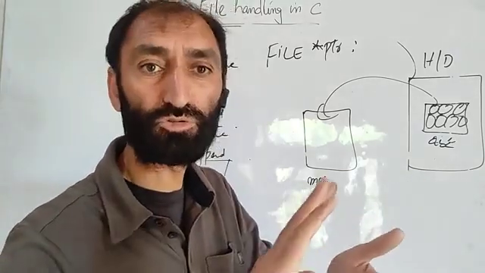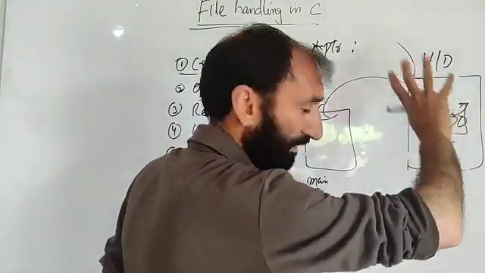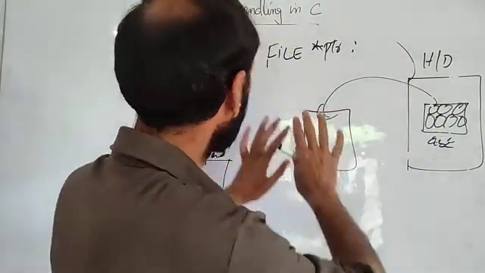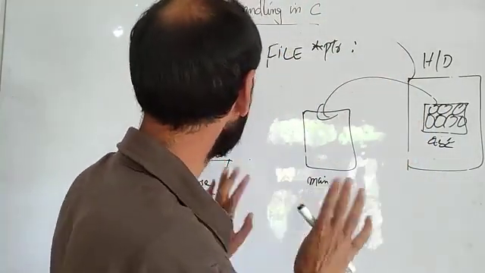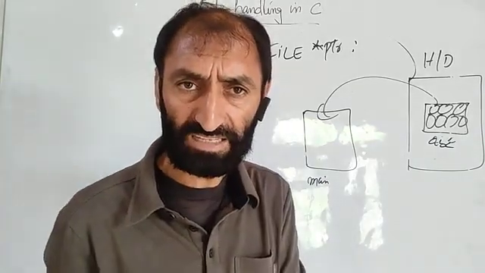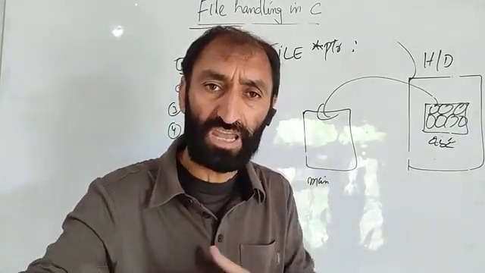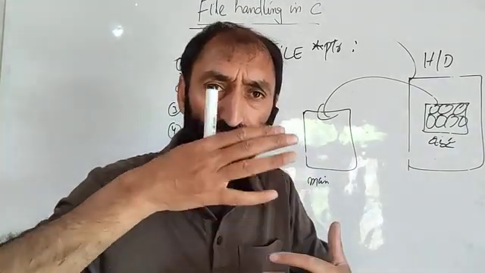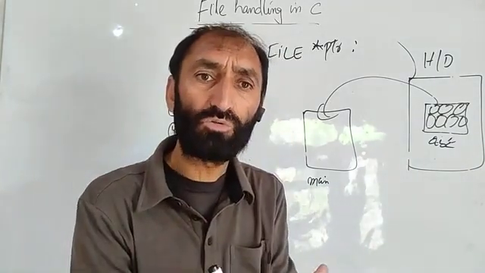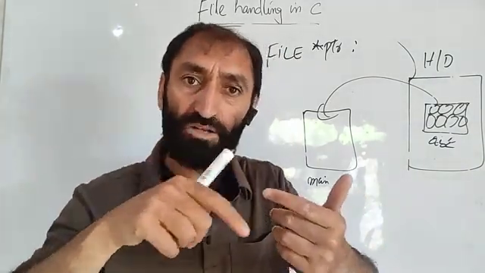That means files are used to store data permanently. Now I hope you have understood what a file is, what file handling is, why we need files, what operations can be performed on them, and how to perform these operations.